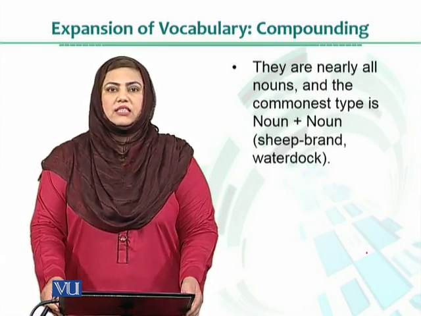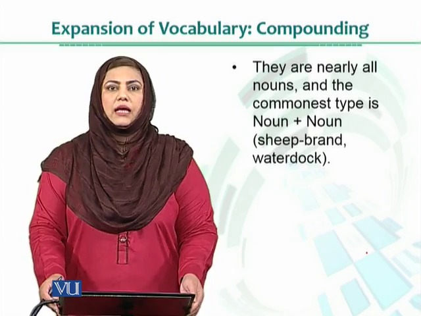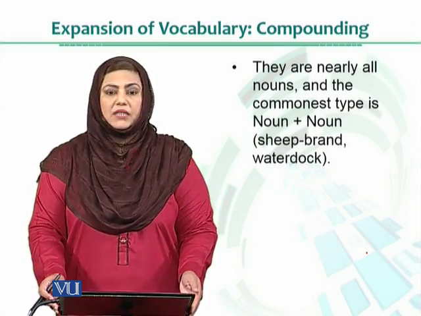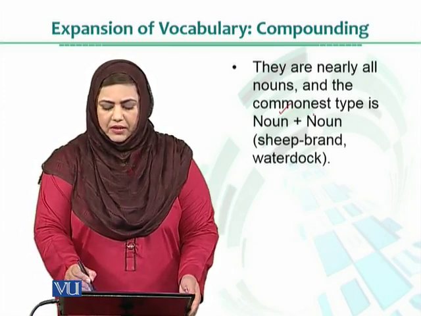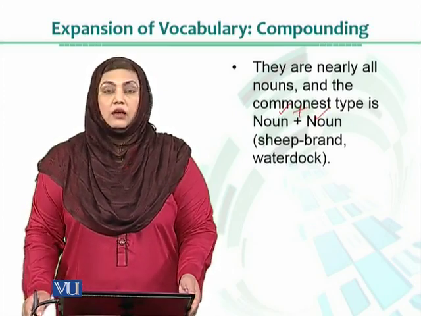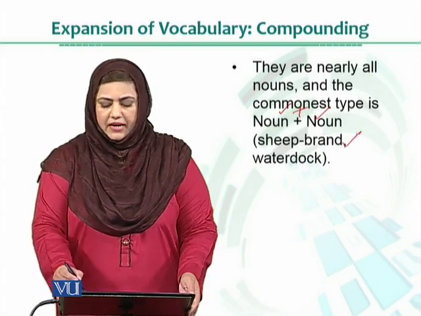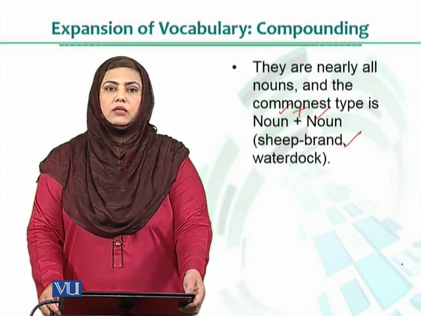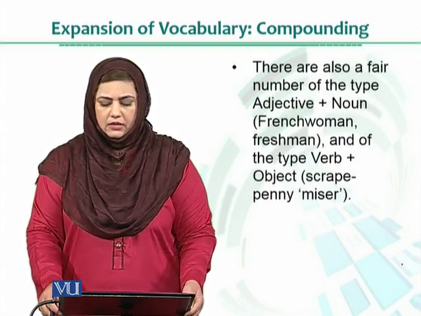As far as English is concerned, most of the compounds have both the parts that are nouns. The commonest type thus is noun plus noun combination. Look at the examples: sheep brand or water dock. Ink pot can be another example, by the way.